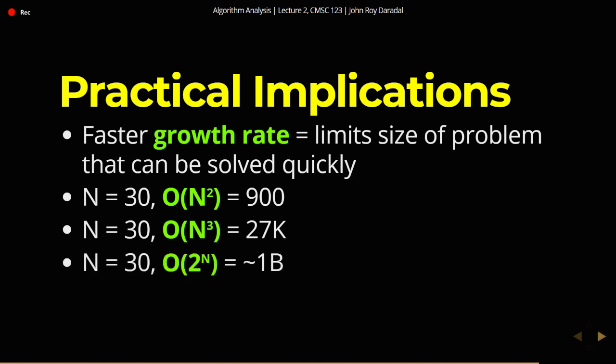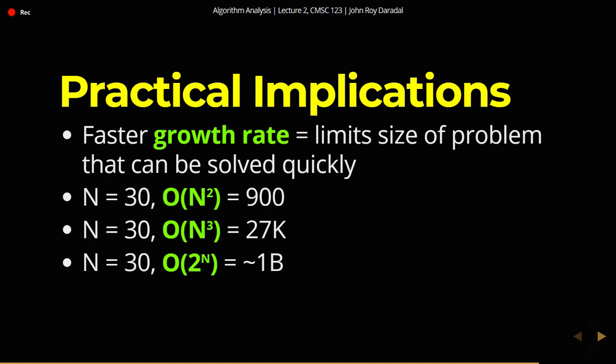And if you have the exponential running time with n equal to 30, then you'll have a billion time steps already. So it's really important to keep your running time within either linear or quadratic, maybe, no? Or if it cannot be avoided, cubic.